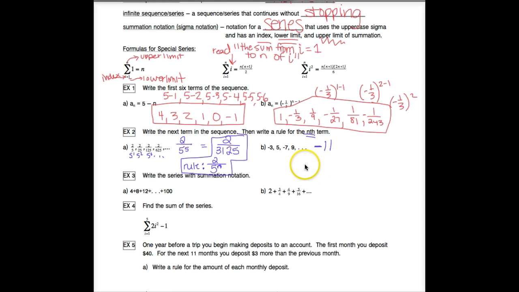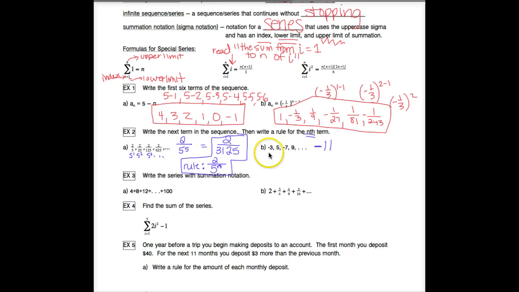Coming up with a rule here is a little bit of guess and check. And there's not necessarily one thing that you can always do to come up with the answer, but you can look at patterns. And what I can look at here is because I know it's alternating signs, I know that my first term was negative.